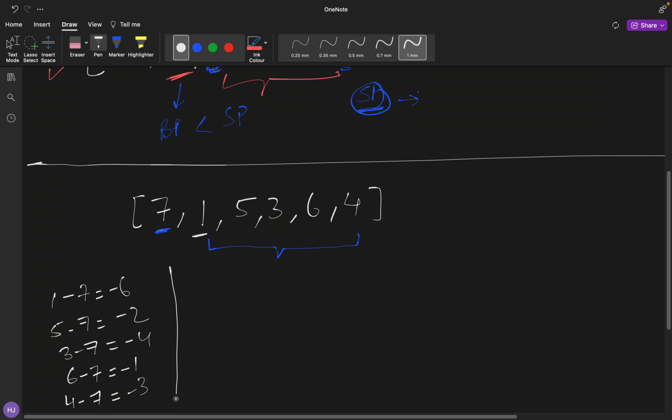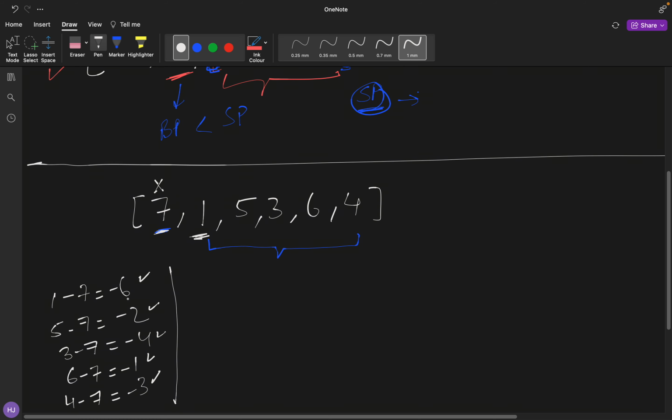So simply what I did, I assumed that I bought my stock on day 1, and I checked for the profits that we can have, right? If I am facing a negative profit, it means I am facing a loss. So I will prefer not to buy it on day 1, right? So I will move to the next element.